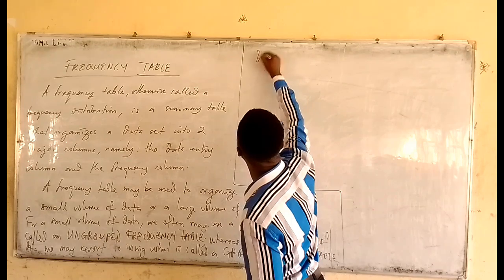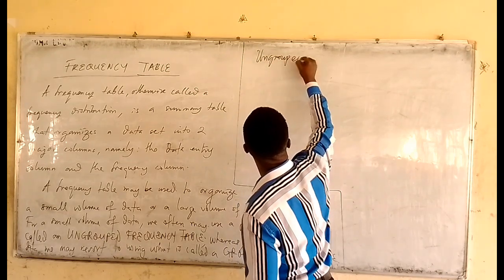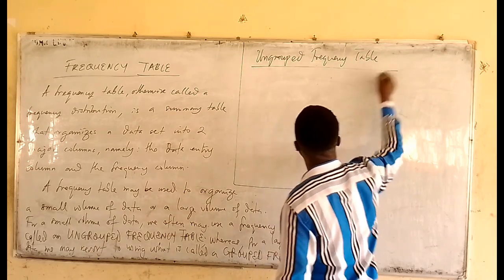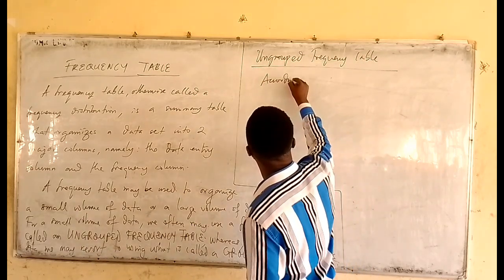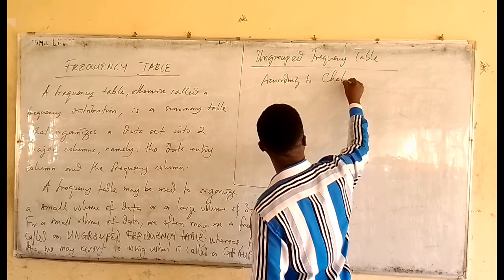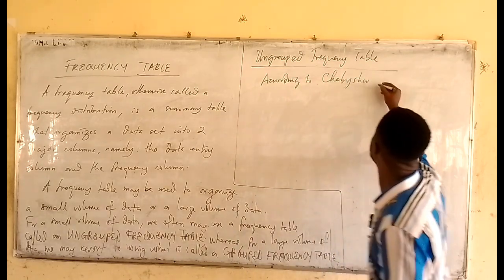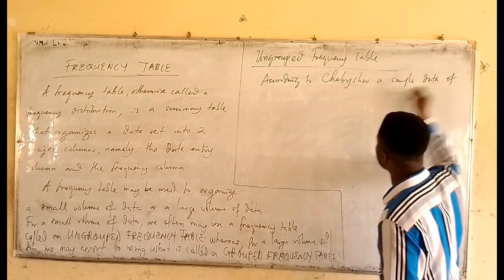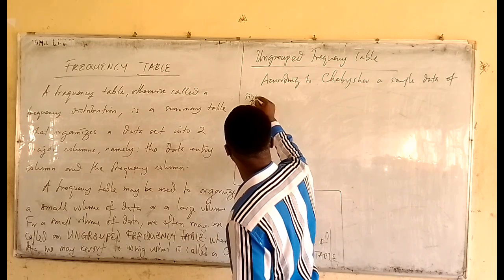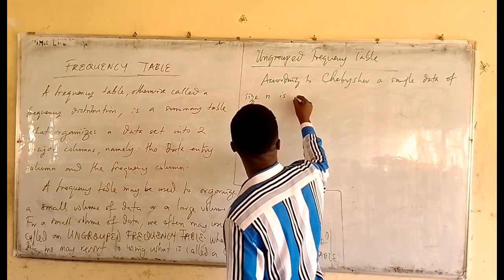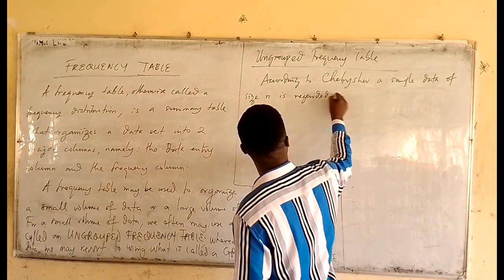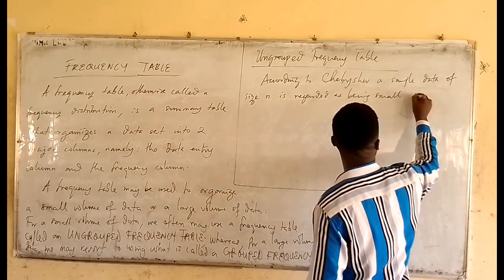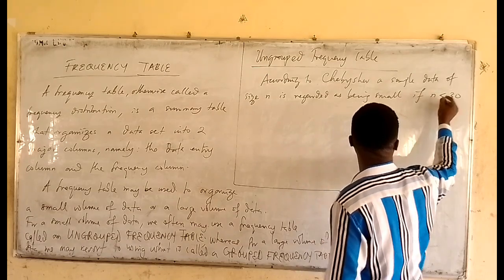Let's start with the ungrouped frequency table. According to Chebyshev, a sample data of size n is regarded as being small if n is less than or equal to 30.